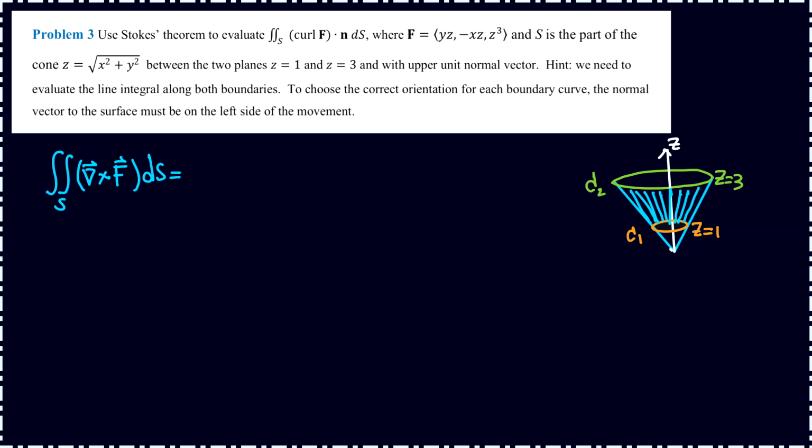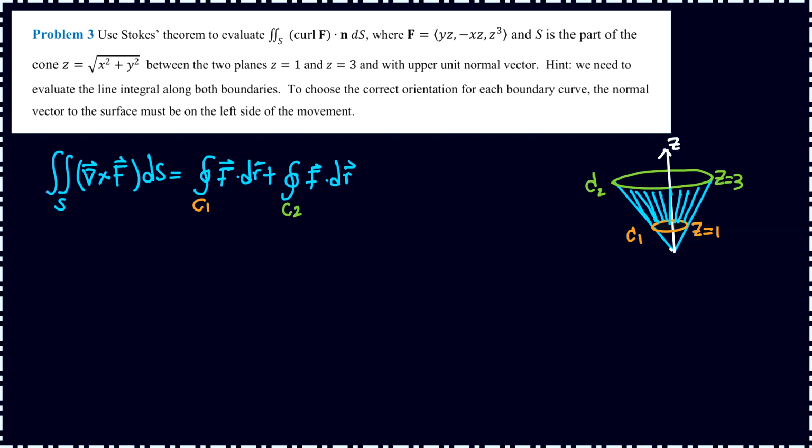It's going to be a line integral over C1 plus the line integral over C2. So you have to do each of those line integrals individually and then add them up.